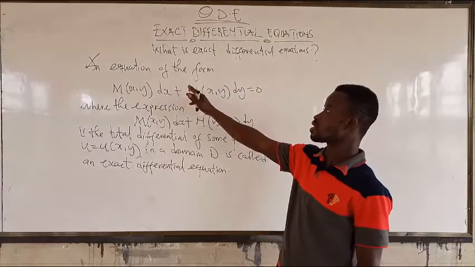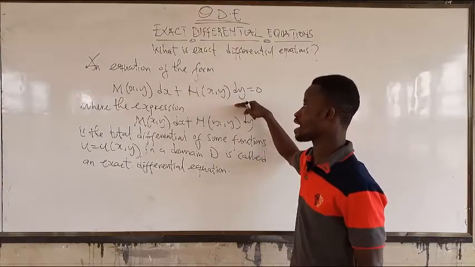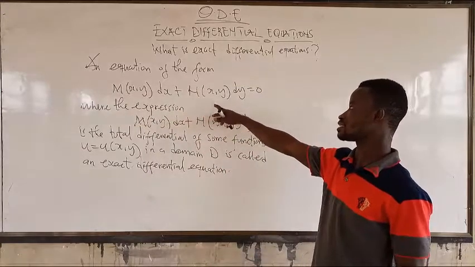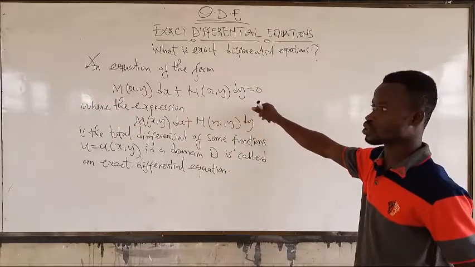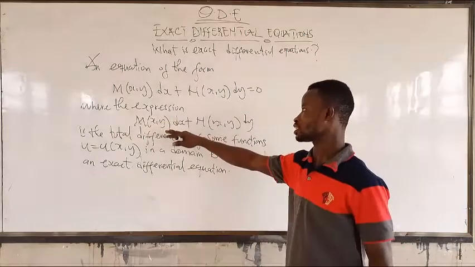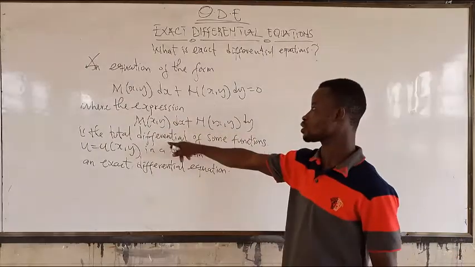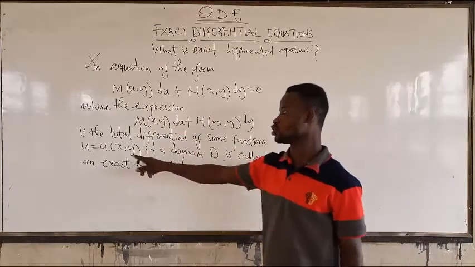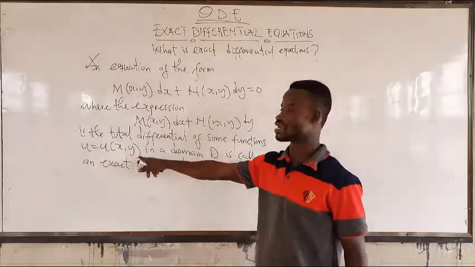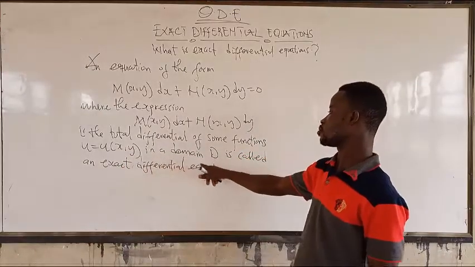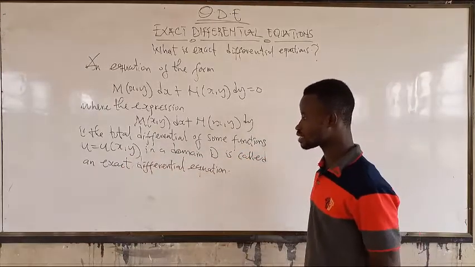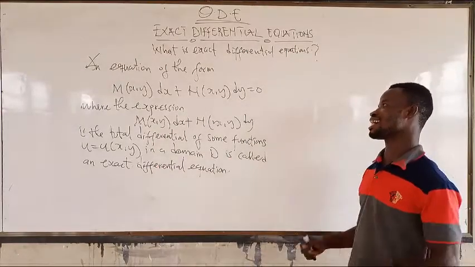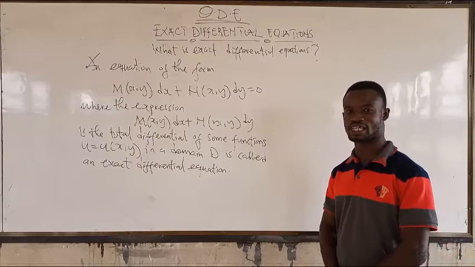It is an equation of the form M(x, y) dx plus N(x, y) dy is equal to 0, where the expression on the left is the total differential of some function u, which is equal to u(x, y), in a domain D. It is called an exact differential equation. So that is the definition of an exact differential equation.